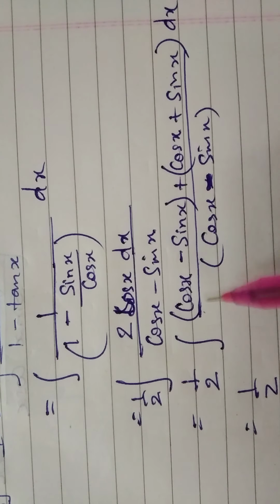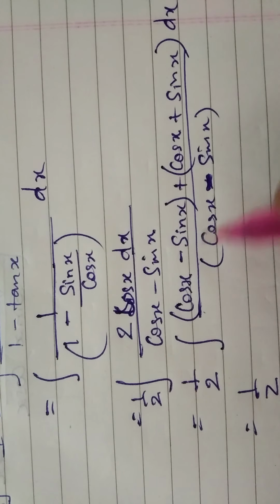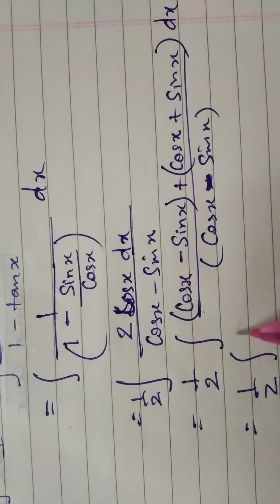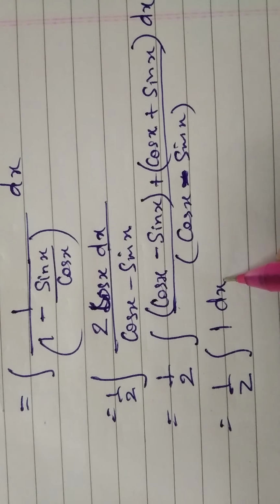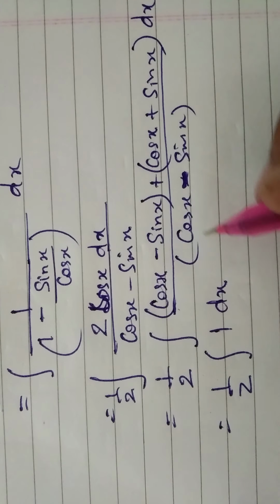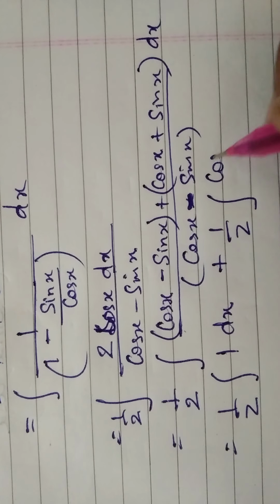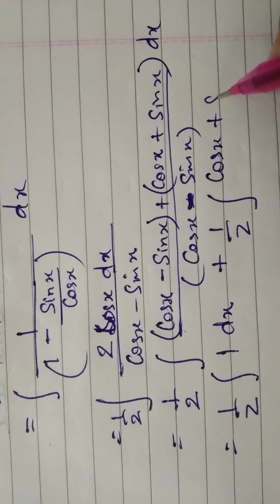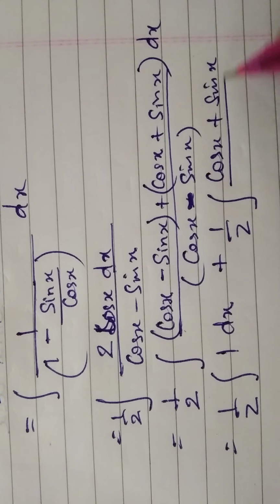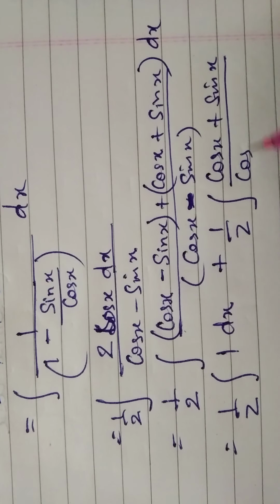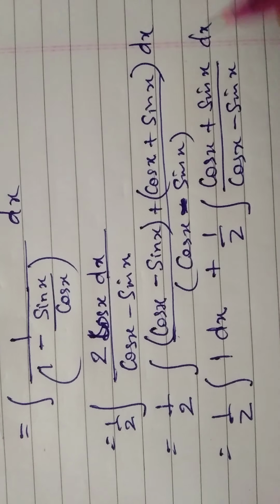Now I separate my integral and I separate the denominator. Cos minus sine upon cos minus sine is 1. So 1/2 and integral 1 dx. This 1/2 goes with the second term also. So I have plus 1/2 and integral of cos x plus sine x, the whole thing upon cos x minus sine x, and dx.